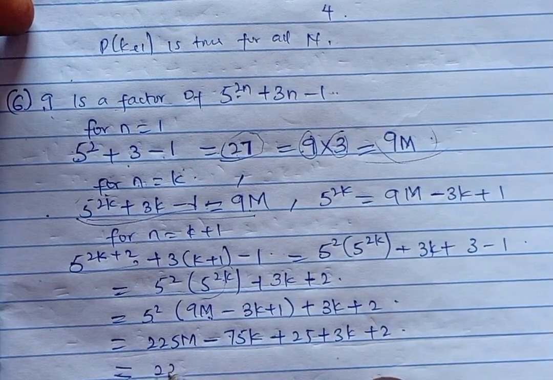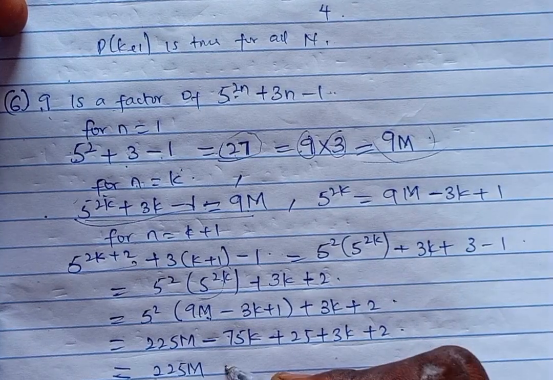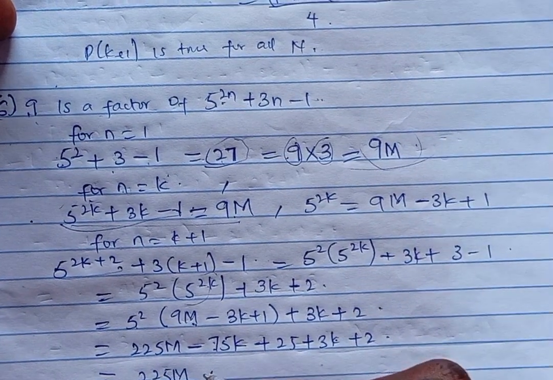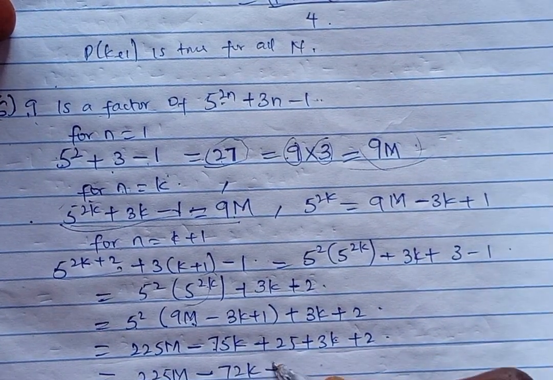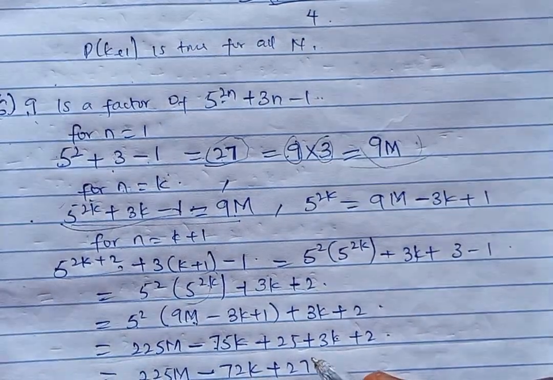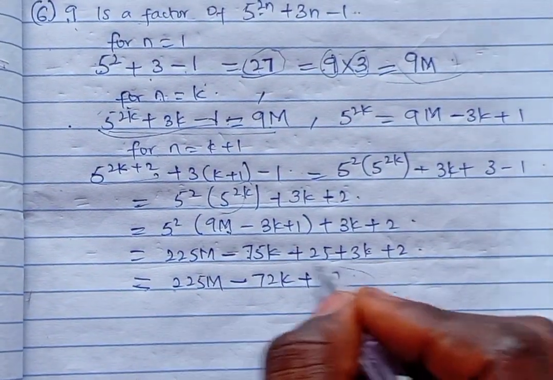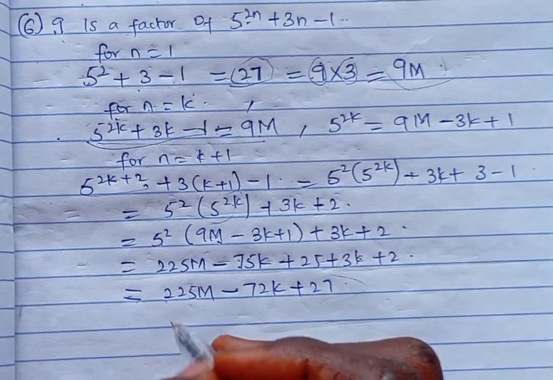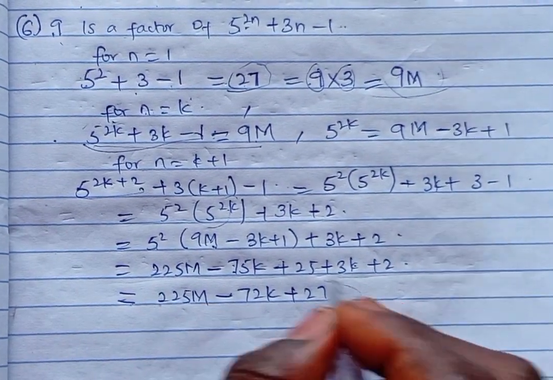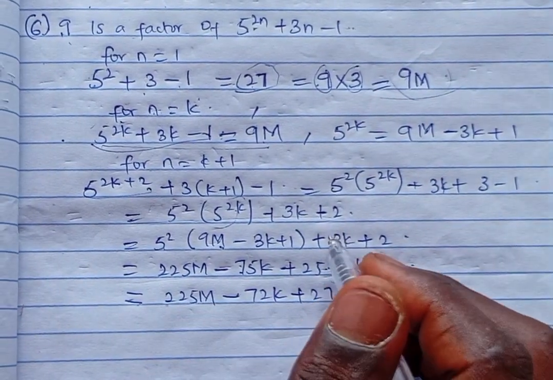Simplifying, 225m, and this one and this one will give us minus 72k plus 27. Now this is not the end of the solution. You have to make sure that you factorize 9 from the last expression, and if you can factorize 9 out, it means that 9 is a factor.